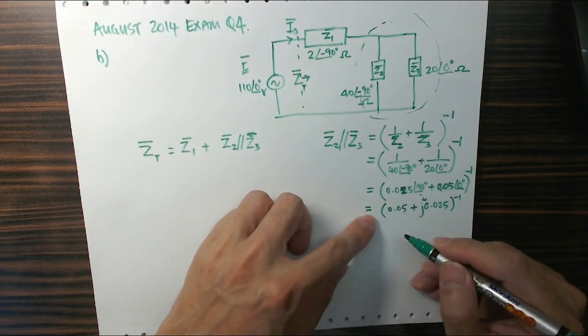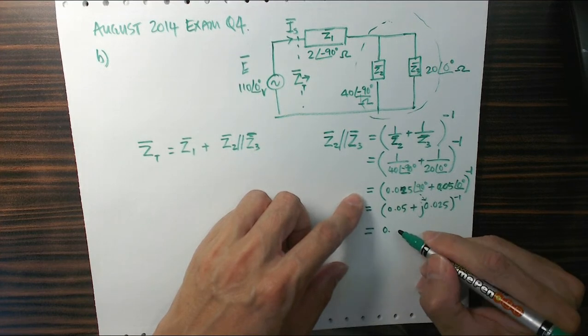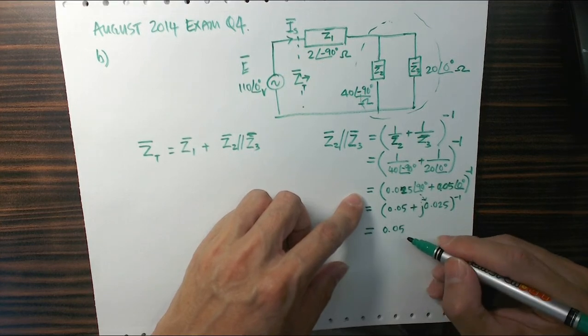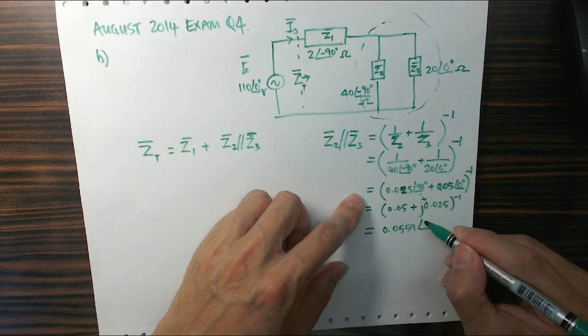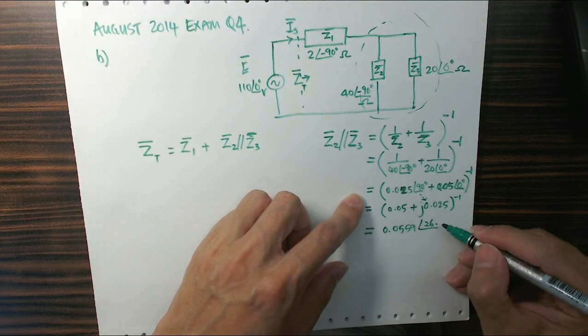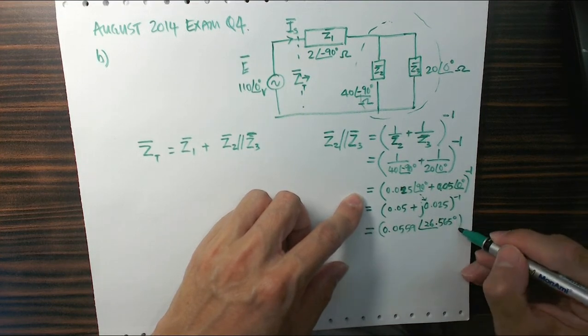Bring it back to polar form, I will have 0.0559 at an angle of 26.565 degrees, inverse.